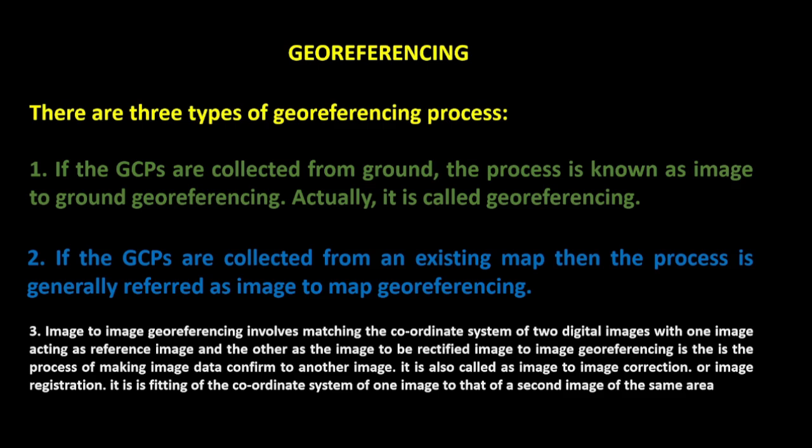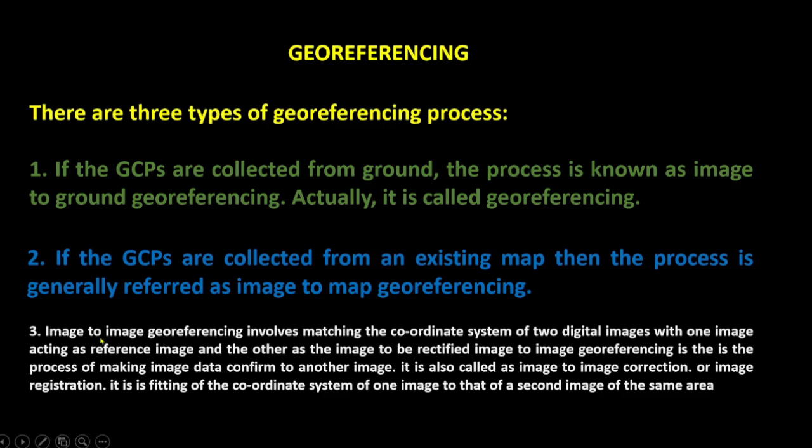From the topographical map we can easily collect the GCPs, connecting points of latitude, longitude, and put these values as GCPs into the software, and we will easily georeference the topographical map which is not georeferenced.